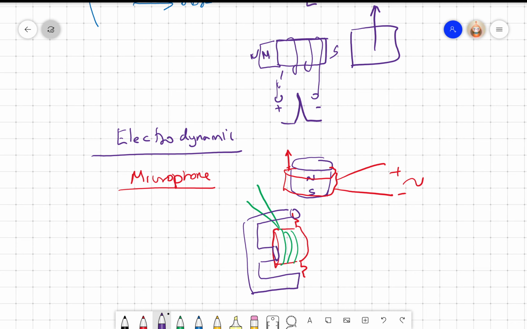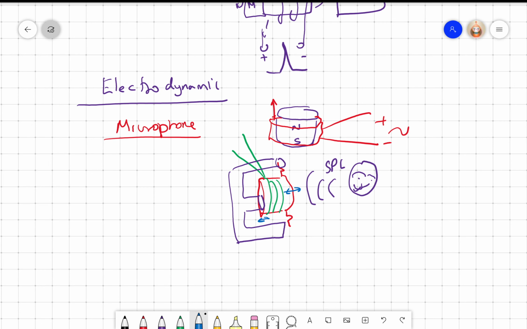As we speak, the pressure waves get generated, the sound pressure level, and that makes the diaphragm vibrate and the coil vibrate, so you get an induced EMF.